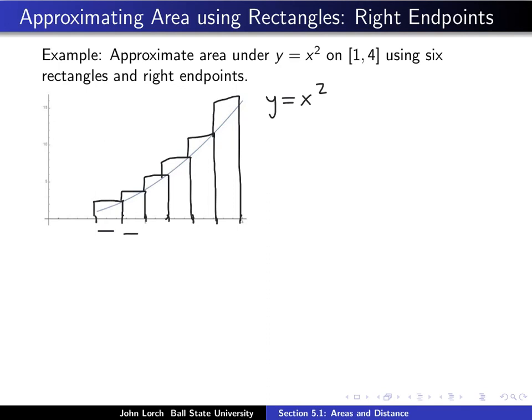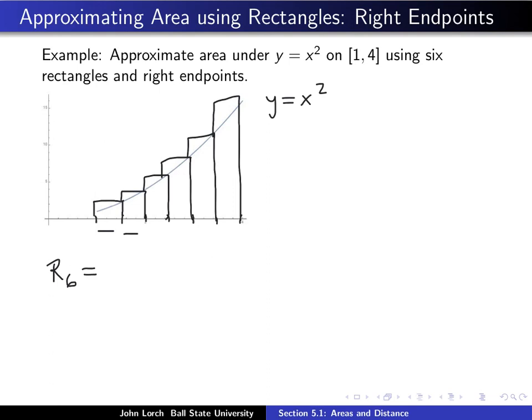So our point of view is going to be to use rectangles like this to approximate areas that we don't know the value of. Here we're going to refer to this right-hand endpoint area estimation as R6. The capital R is for right and the 6 is for the number of rectangles.